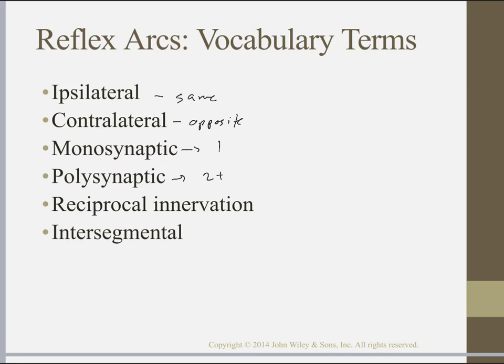Now, reciprocal innervation. This is a little bit different. We have to think about muscle. So think about the prime mover and the antagonist, right? If you think about muscle groups, this helps us understand reciprocal innervation. So think about that flexor reflex that we just talked about on the hot stove.